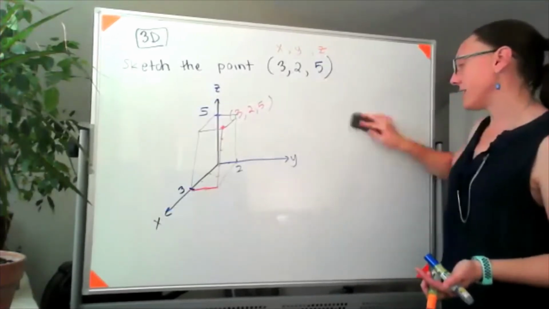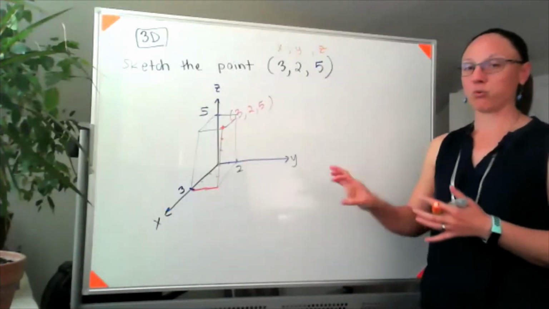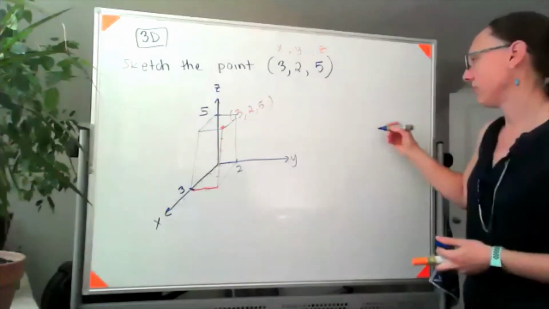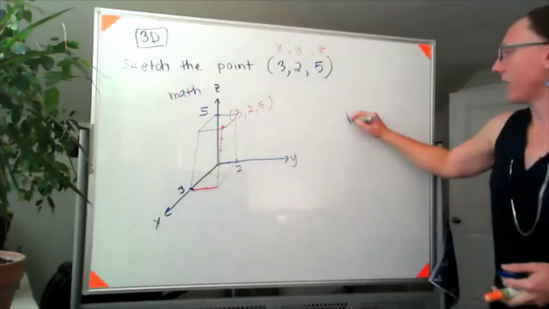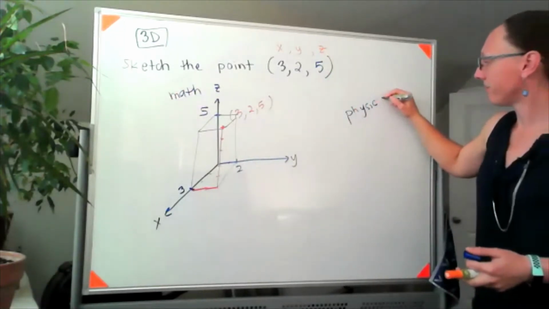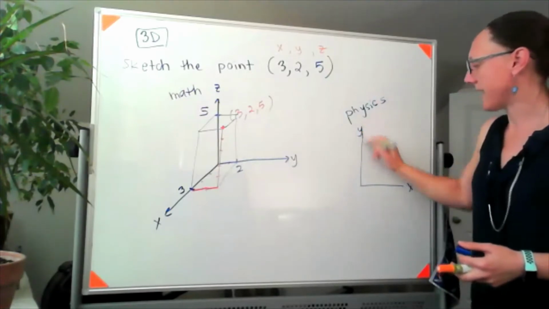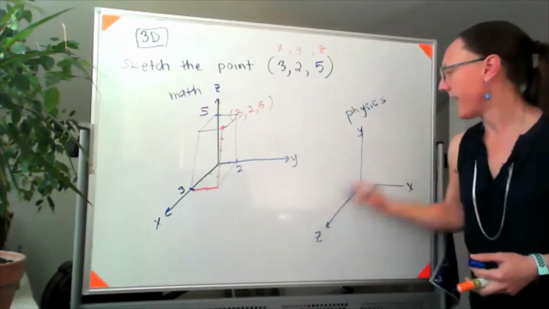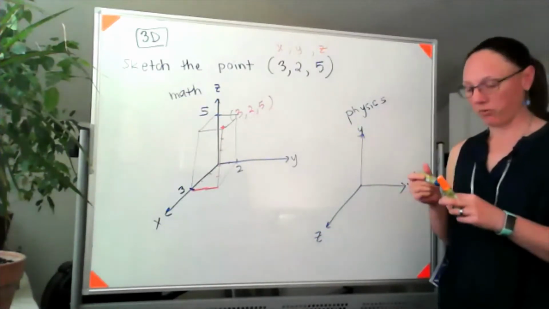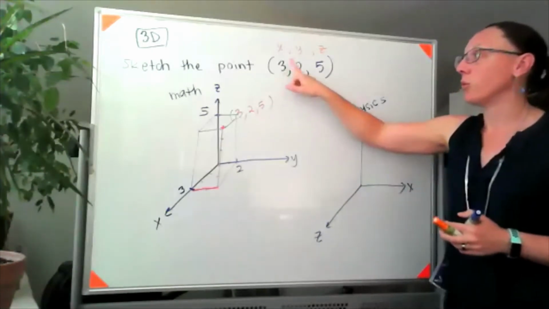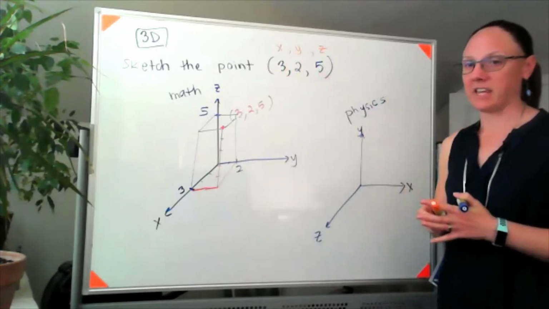When I was mentioning differences for physics, the primary difference is that they would draw this picture. Here's our mathy way. But in a physics class, we would tend to leave these as x and y and make the z-axis come out of the board. So that same point drawn over here, I would still move 3 in the x direction first, then 2 in the y, then 5 in the z.